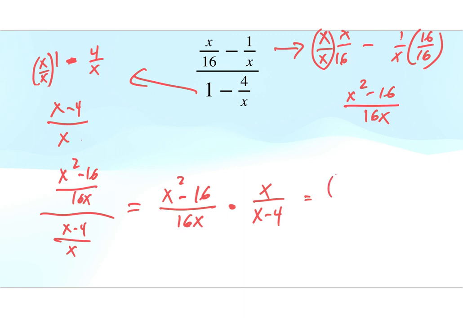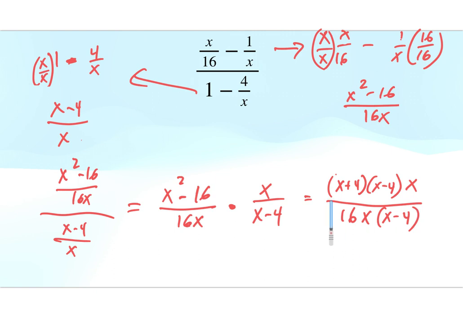It factors x plus 4, x minus 4, and then it's just being multiplied by x, so times x. My denominator, I have 16 times x times x minus 4. Again, just multiplying across on fractions.